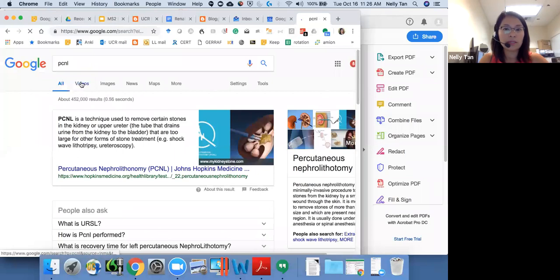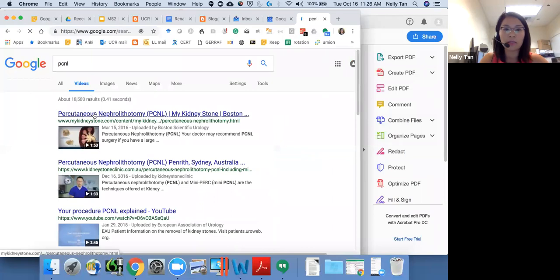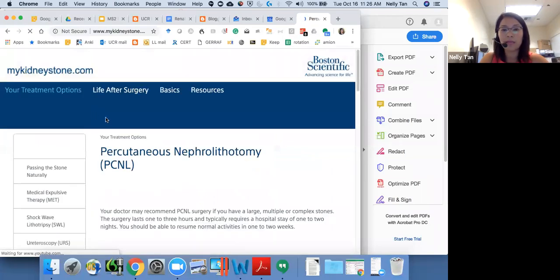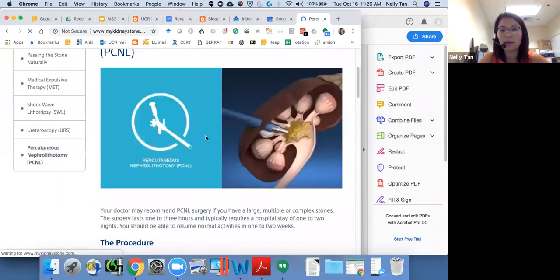so here is what a PCNL, percutaneous nephrolithotomy, looks like, which is what this patient would have needed had he sought treatment. They put the nephroscope directly into the kidney through the soft tissues, and then use a small version of a jackhammer to break down the stone and extract it.